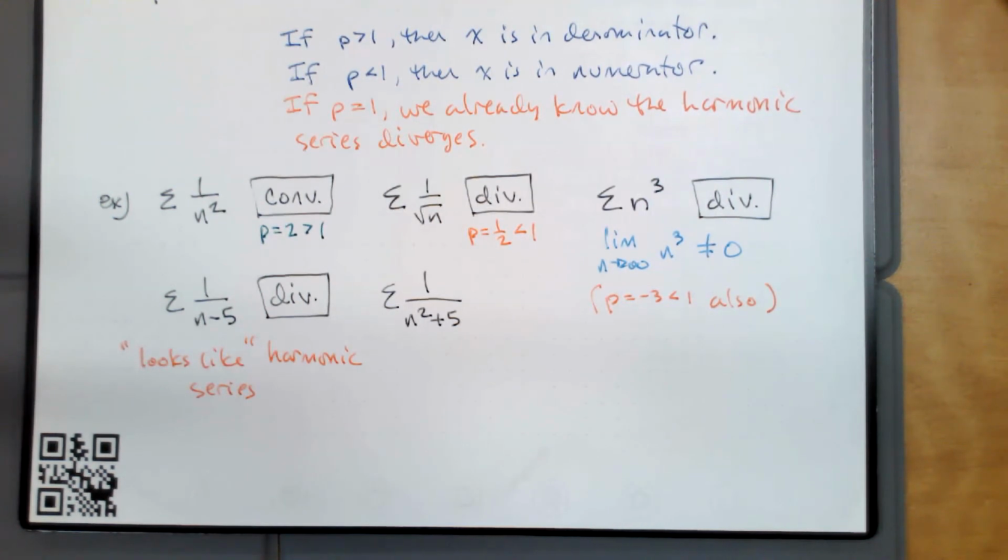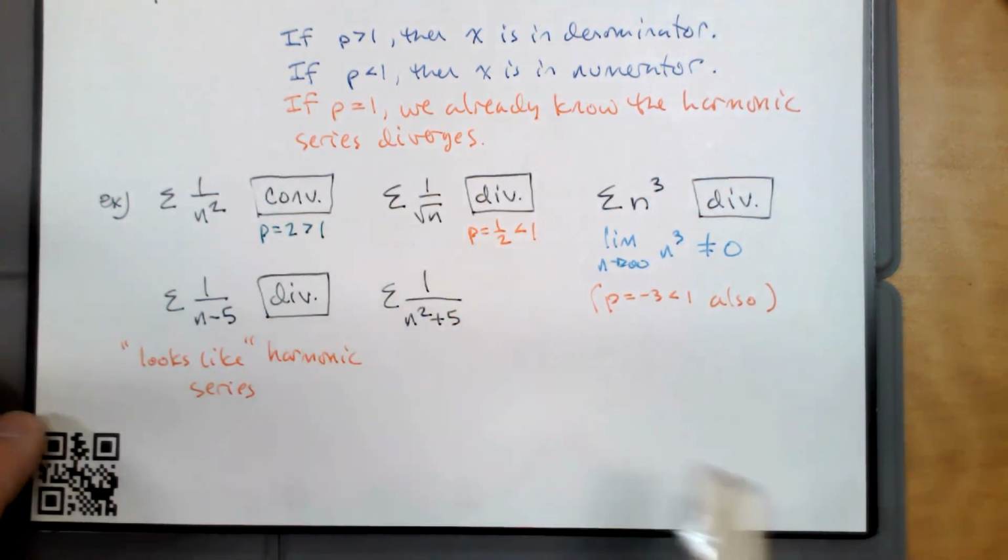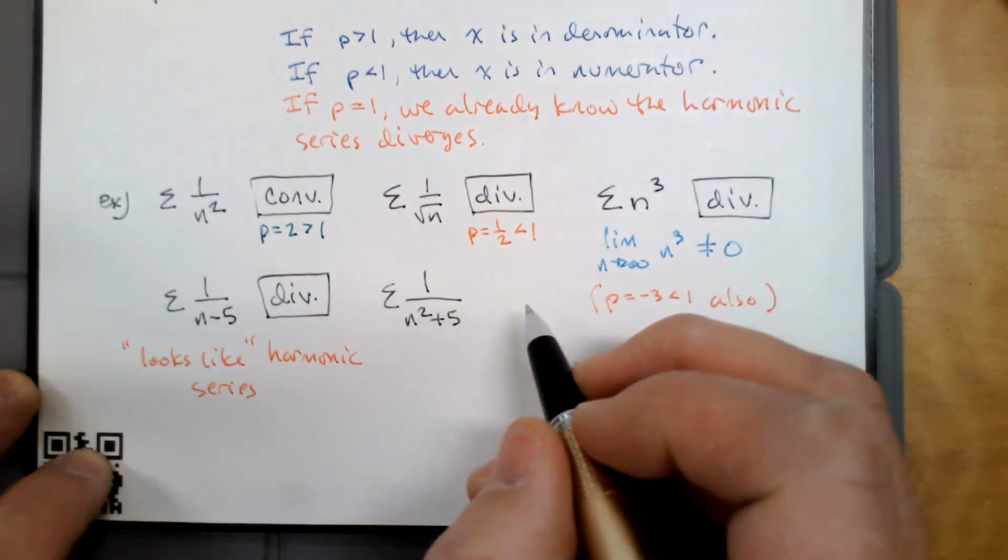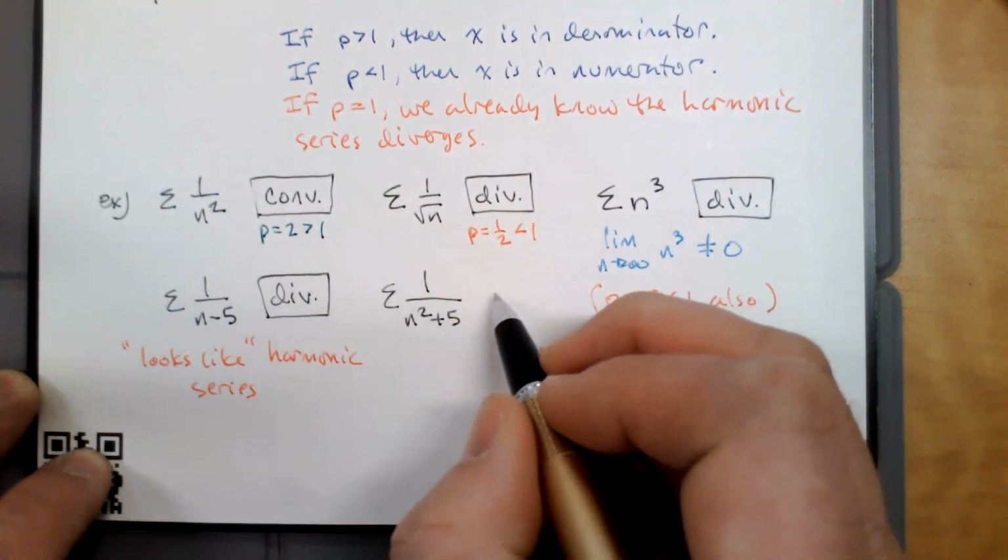We look at the series 1 over n squared plus 5. We might think that this is a 1 over n squared. Maybe this one converges because it looks like this p series. It's not a p series, but it's looking like a p series.